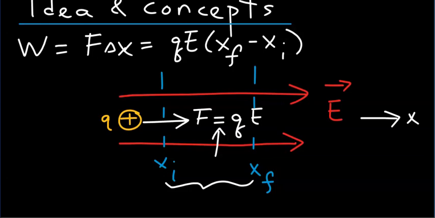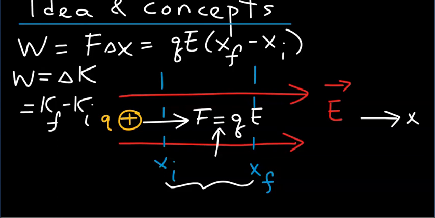We also know from the work kinetic energy theorem that the work done on this charge must be the same as the change in kinetic energy of that charge. The change in the kinetic energy of the charge is the final kinetic energy minus its initial kinetic energy, namely the kinetic energy the charge had at this point, subtract the kinetic energy the charge had at that point.